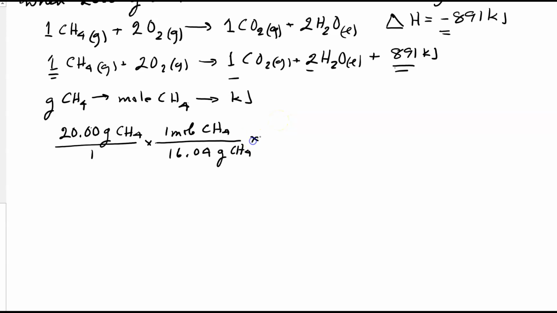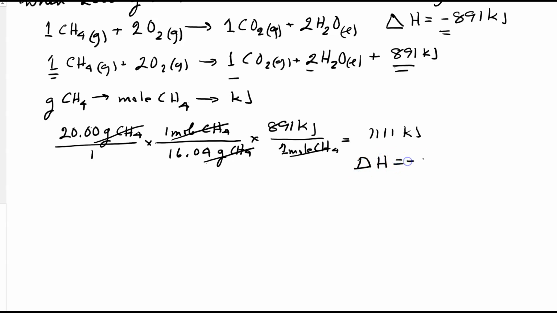Now we're going to convert it to kilojoules, and we simply say 891 kilojoules are released for every 1 mole of CH4. And again, you see grams here cancel, moles here cancel, and we're left with 1,111 kilojoules are going to be released, or we would say the release, the delta H is equal to minus 1,111 kilojoules.